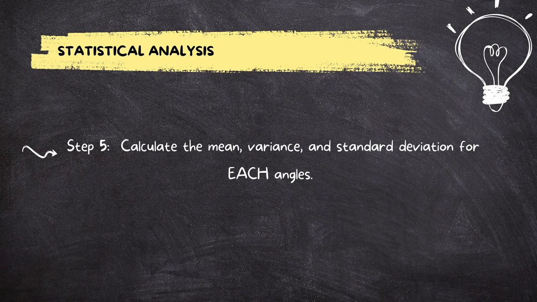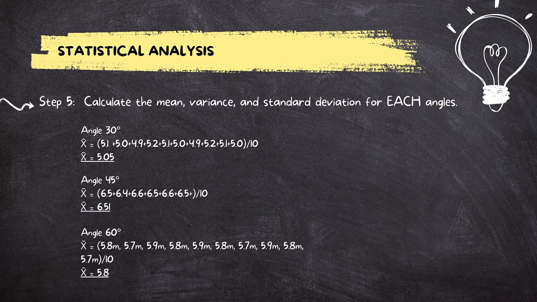And then step 5 is we calculate the mean, variance, and standard deviation for each angle. We have angle 30, x bar equals open parenthesis 5.1 plus 5.0, 4.9, 5.2, 5.1, 5.0, 4.9, 5.2, 5.1, 5.0, close parenthesis divided by 10.